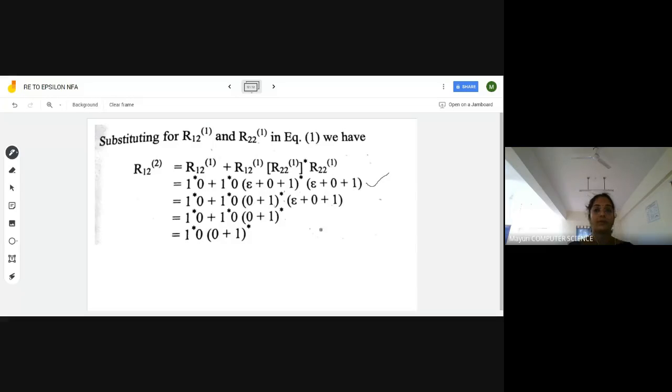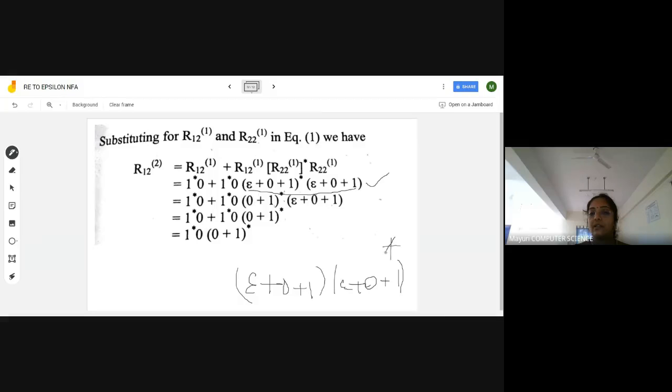How am I going to reduce it? I have already told you, if anything of such kind you get like this, don't go to the next step, directly go to the last step. That is, I have epsilon plus 0 plus 1 into epsilon plus 0 plus 1 the star.